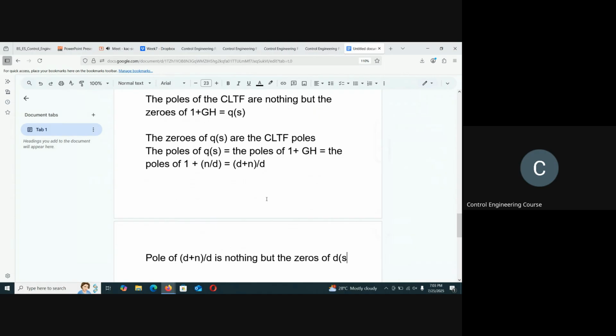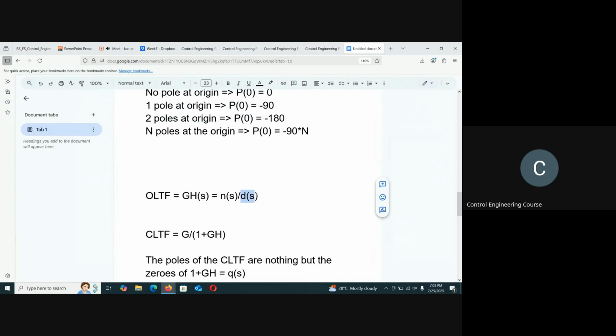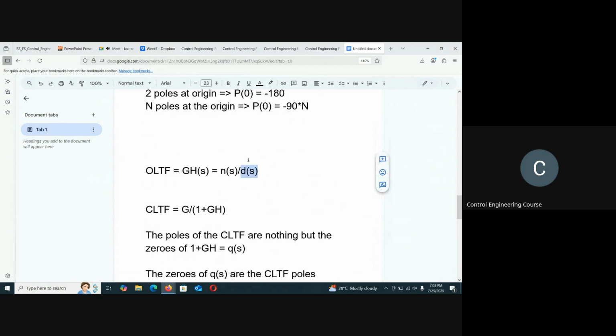It is nothing but the zeros of D, right? Because the denominator has to be zero for the pole. But what are the zeros of D? They are the open loop poles, right? These are the open loop poles. Accept it.